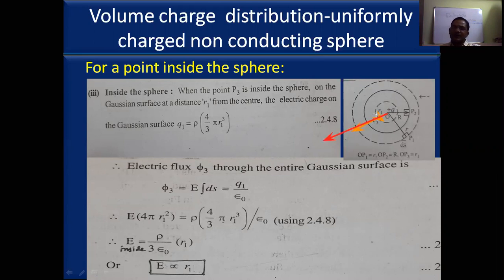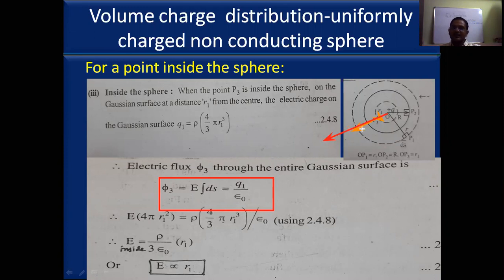Hence the flux through the small area element is E bar dot ds bar, that is d phi. Then the flux through this entire inner spherical surface, this is the Gaussian surface, equals the surface integral of E bar dot ds bar. Then phi 3 equals E into surface integral ds equals q1 by epsilon naught. Don't confuse: E bar and ds bar are in the same direction, the angle between them is 0 degrees.